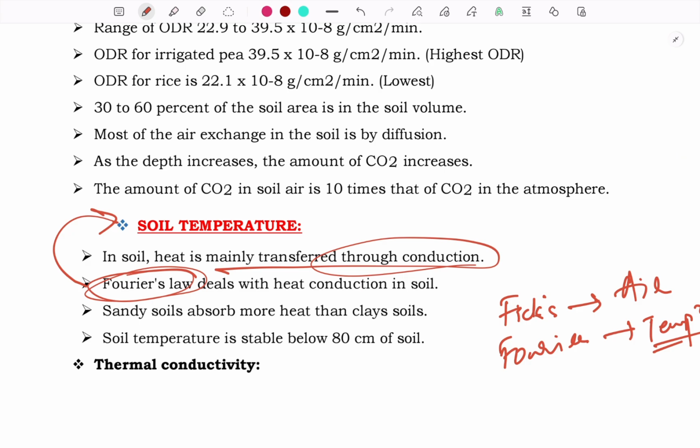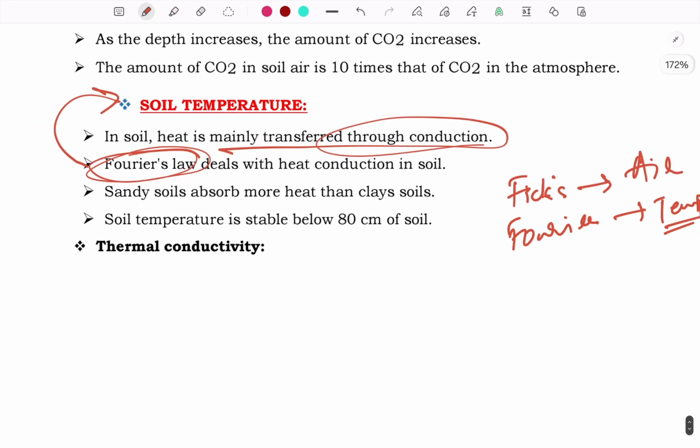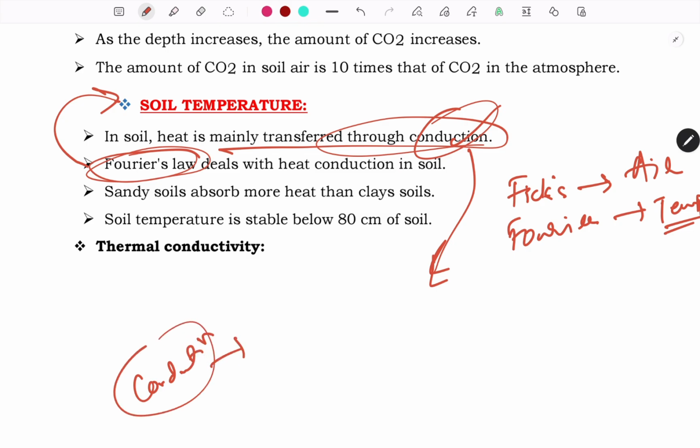There are three types of heat transfer. One is conduction. Conduction is a direct transfer of heat energy from one particle to another particle. One more is convection.